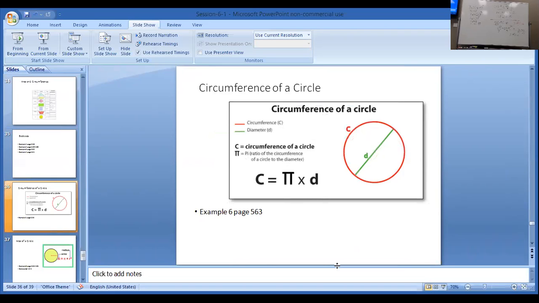What are we trying to find out? Yes, the circumference of the semicircle. So what is the diameter? 6 feet. So we take the diameter times pi, but we divide it by 2 because it's a semicircle. So we get 9.4, and then we add all these four numbers together. We get 31.4.